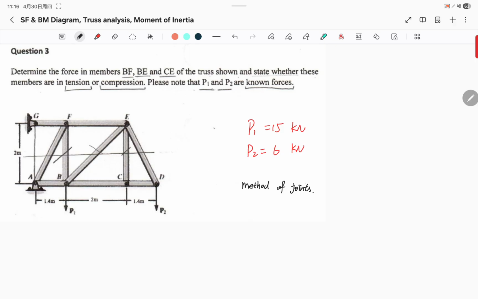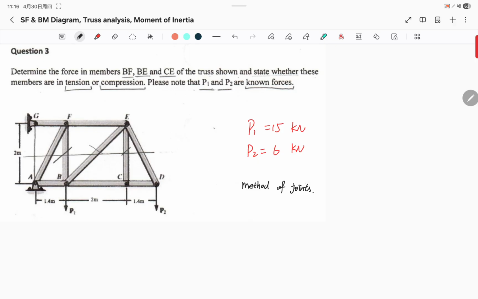In this case, we want BF, BE, and BC. So basically what we want is the free body diagram at joint B.